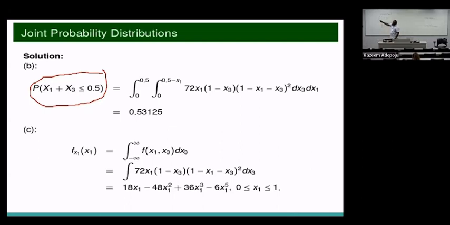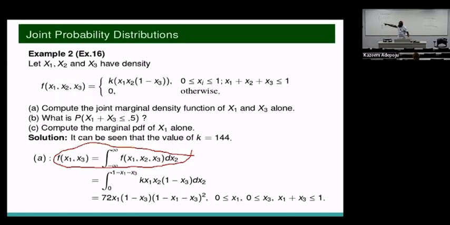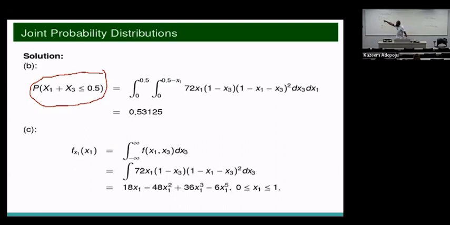What you see in the linear combination for B is x1 plus x3, and what I basically need is f of x1, x3. You've already obtained that from A. That function, 72 x1 (1 minus x3)... is what you're actually going to use now. That's what I plug in. Now, x1 plus x3 less than or equal to 0.5.